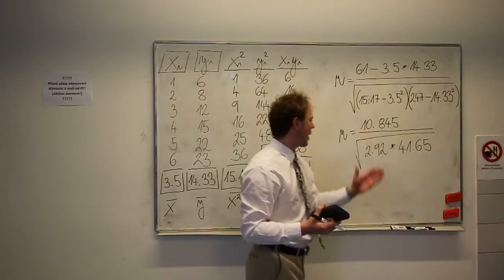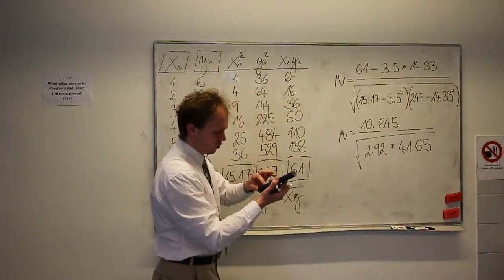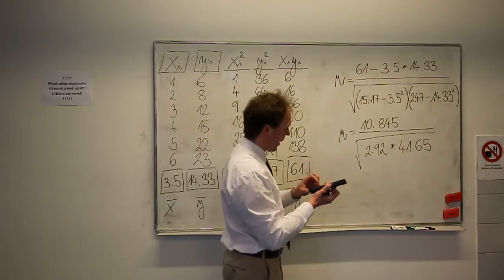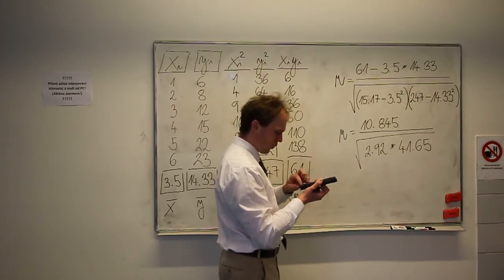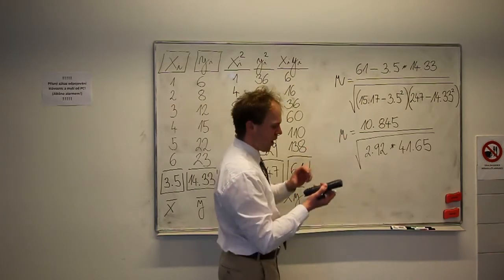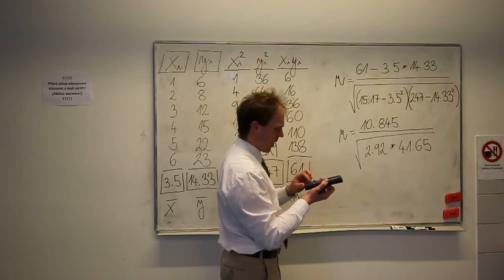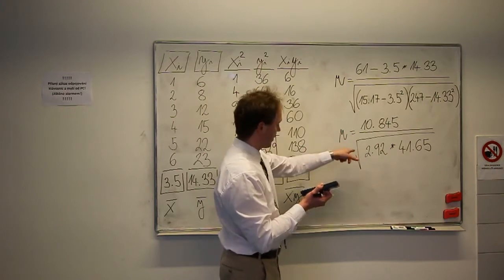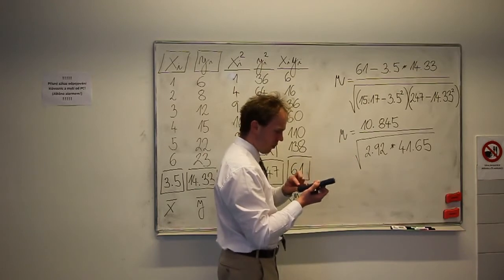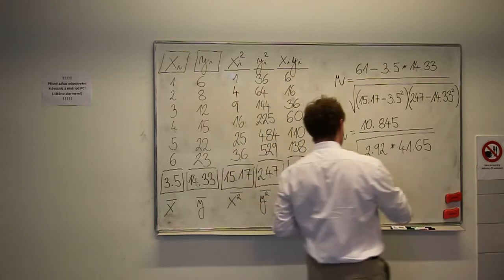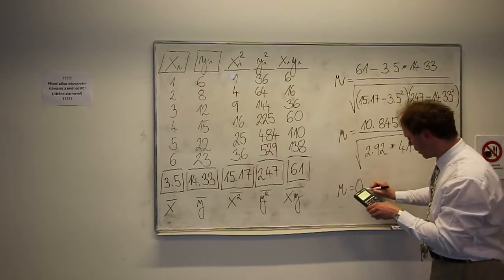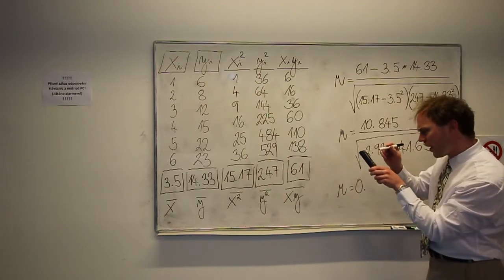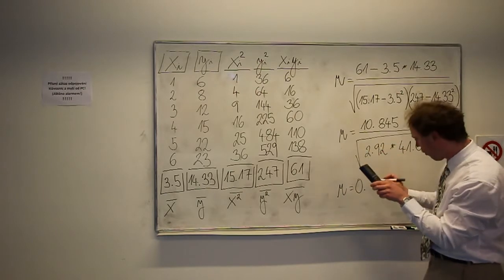Okay, so I will solve this multiplication. 2.92 times 41.65, square root from this value, and finally it's 10.845 divided by the whole denominator, and the result r is equal to 0.9834.